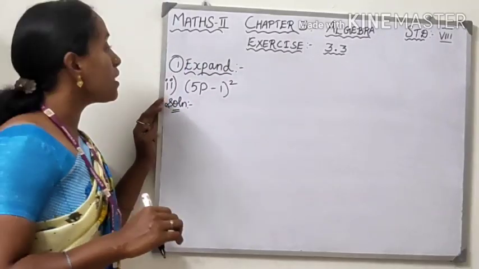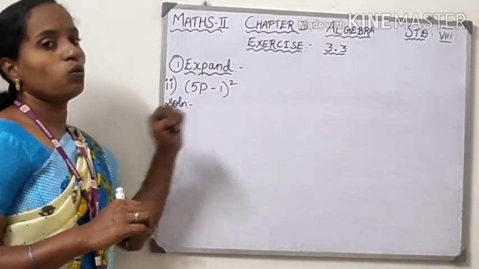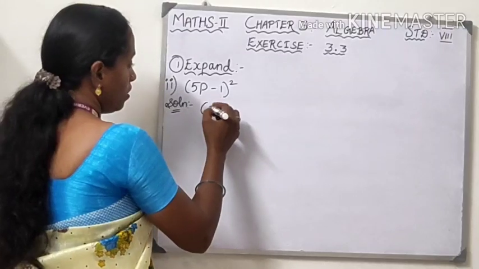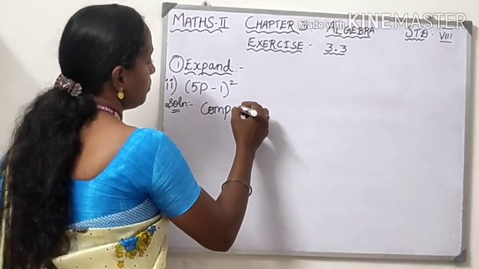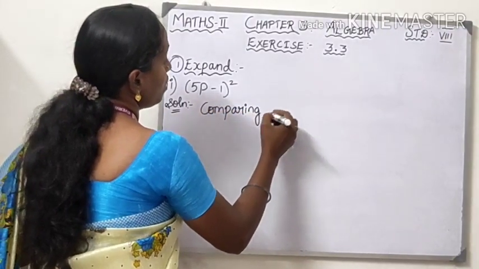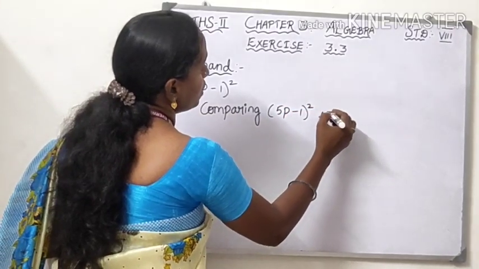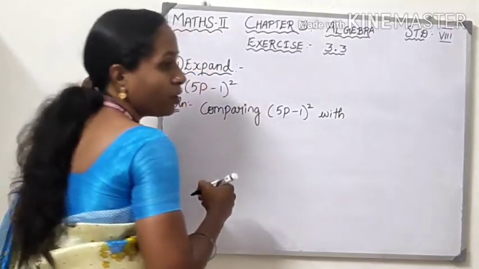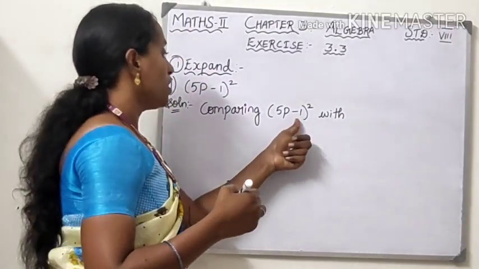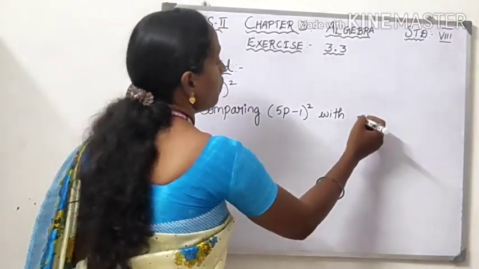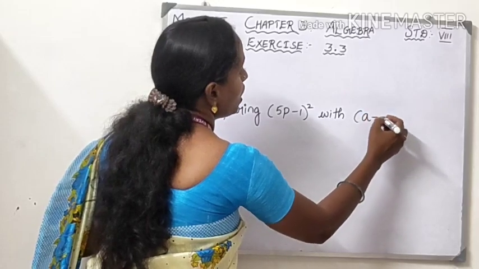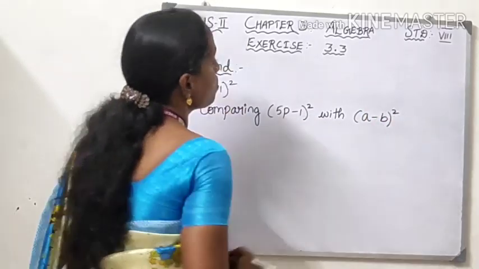Now we have the second subdivision, (5p minus 1) the whole square. So as usual, now we are going to compare our question. Comparing (5p minus 1) the whole square with, what identity can be used here? You can check the symbol. Here we have a minus sign. So very well we can compare with the identity (a minus b) the whole square.